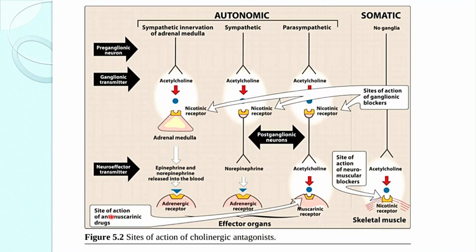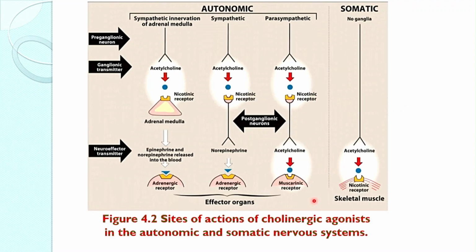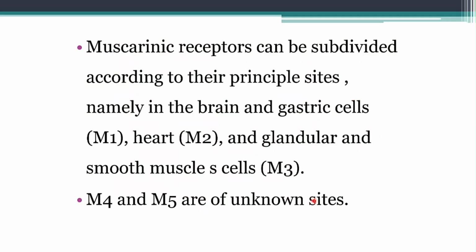This figure shows the sites of anti-muscarinic drugs' action. Muscarinic receptors can be subdivided according to their principal sites: in the brain and gastric cells, M1; heart, M2; and glandular and smooth muscle cells, M3.